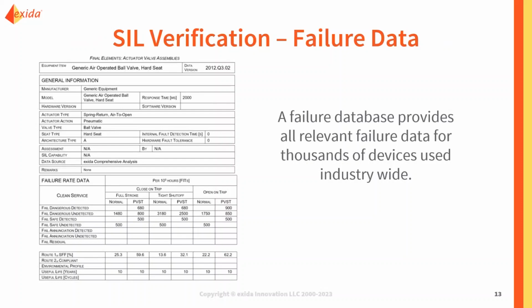You'll be able to tell if the devices you're choosing are SIL certified because they'll be in bold, but we also provide many devices that are not SIL certified. And so again, within the tool, you'll just be able to choose your equipment by clicking through, but this is the type of data that is applied. It also comes with those proof tests, so we do have the proof tests embedded along with this failure data.